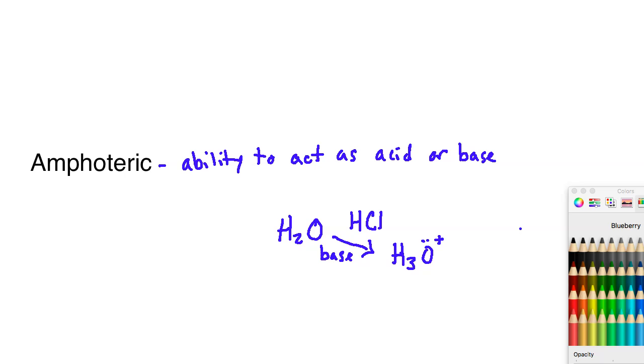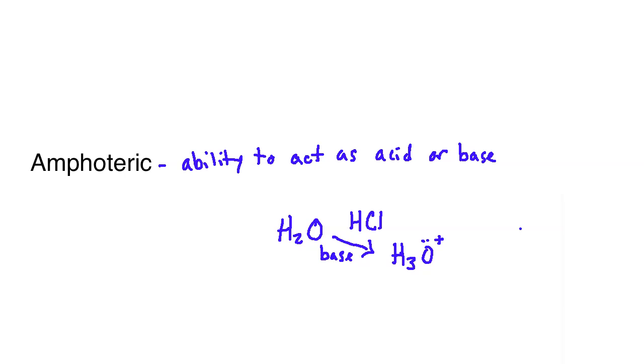Okay. Now, let's say that I have an example where I'm going to use it with NH3. And with NH3 and H2O, I end up with NH4+ plus OH minus.